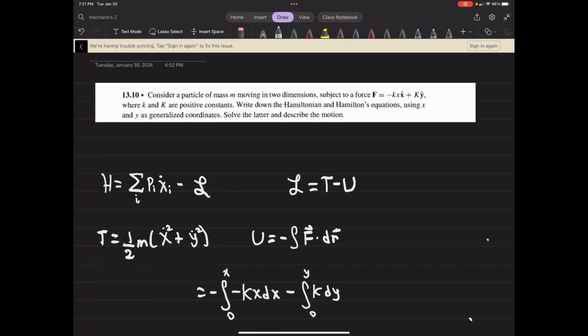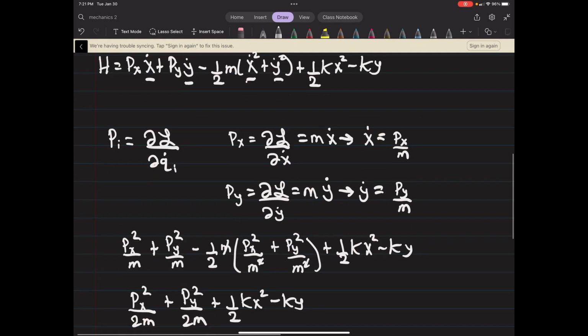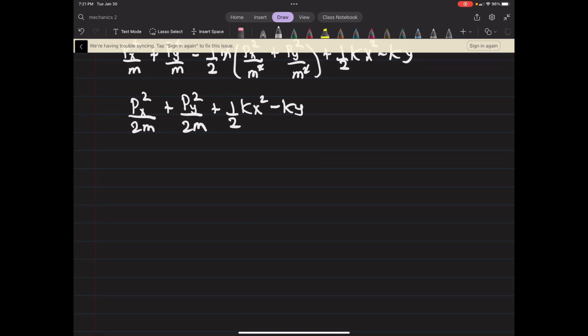And now we need to use Hamilton's equations. So this is our Hamiltonian. So our equations are q_i dot is dH by dp_i. So for example, x dot is the derivative of the Hamiltonian with respect to p sub x, which, if you do that, will be px over m.